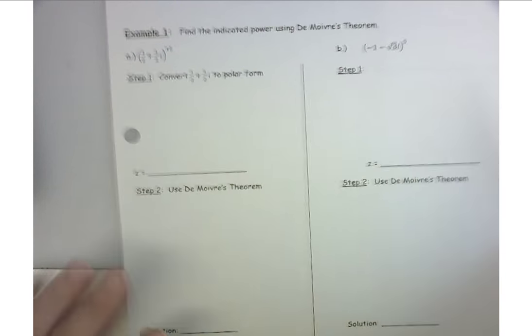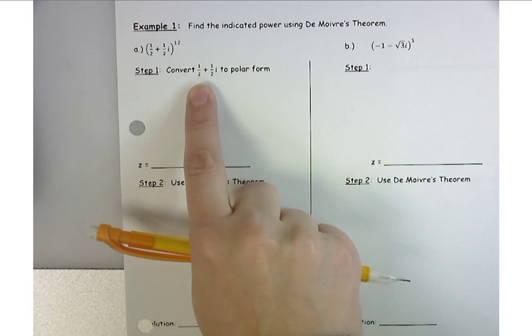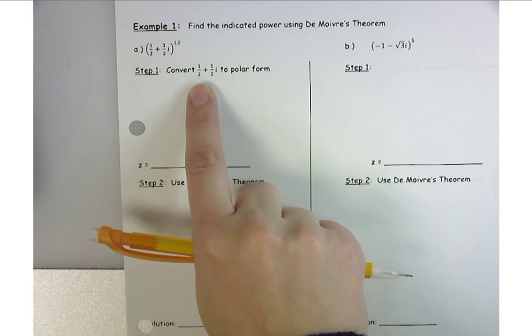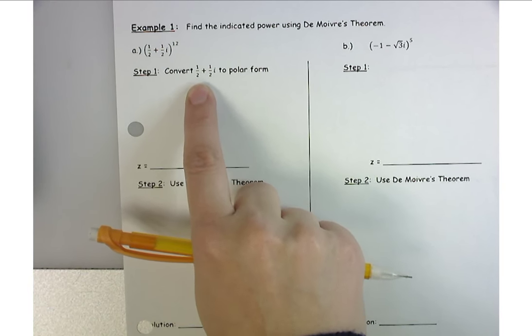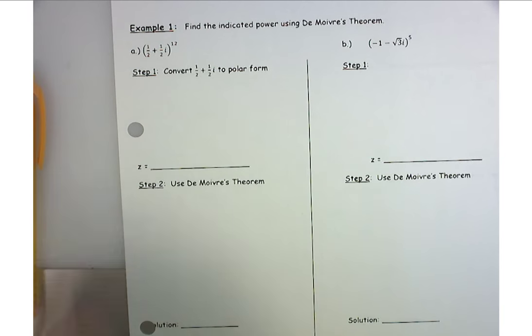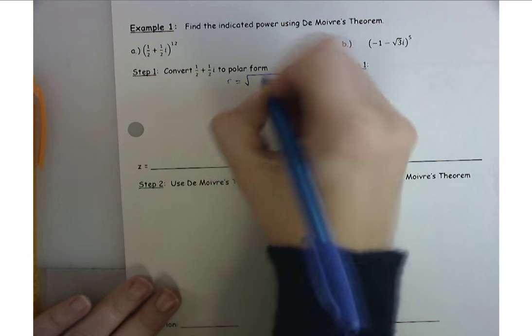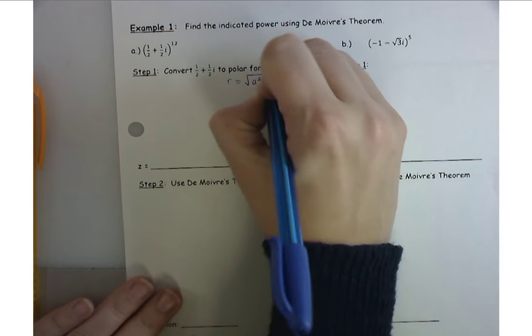So for a, it says step 1, convert to polar form. So if we're going to convert that to polar form, we're finding two things, your r and your theta. So to find r, we use what equation? Well, r equals the square root of a squared plus b squared.